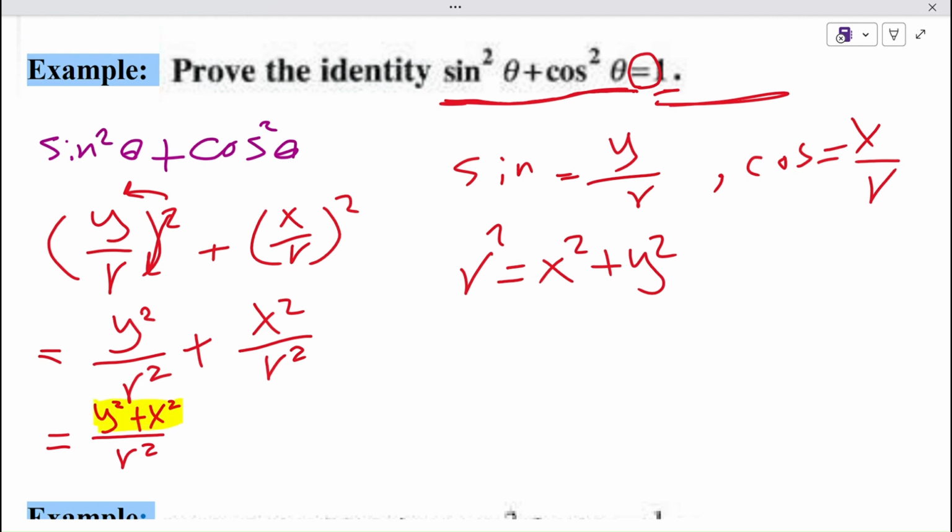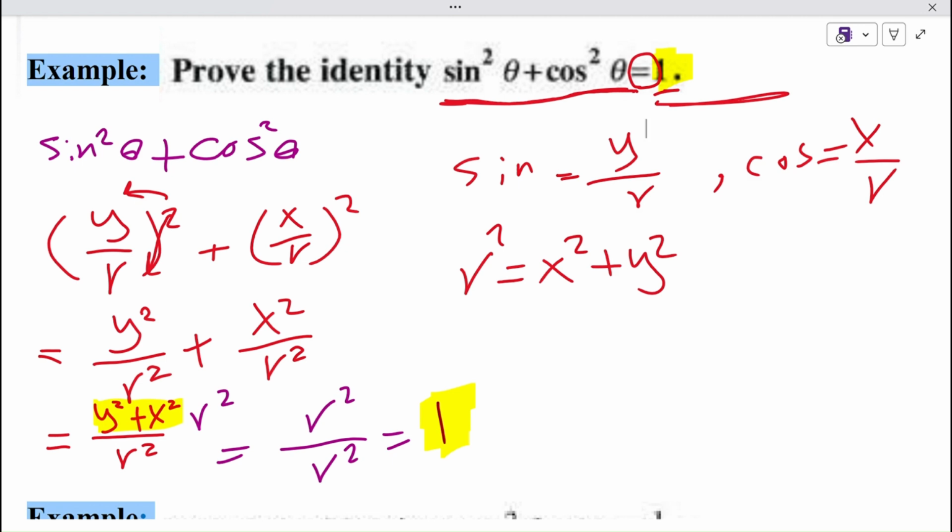Because r squared is equal to this form. So here we get r squared over r squared. So r squared over r squared is equal to 1. Look here, guys. 1 and 1. Enough. Okay, our proof is over.